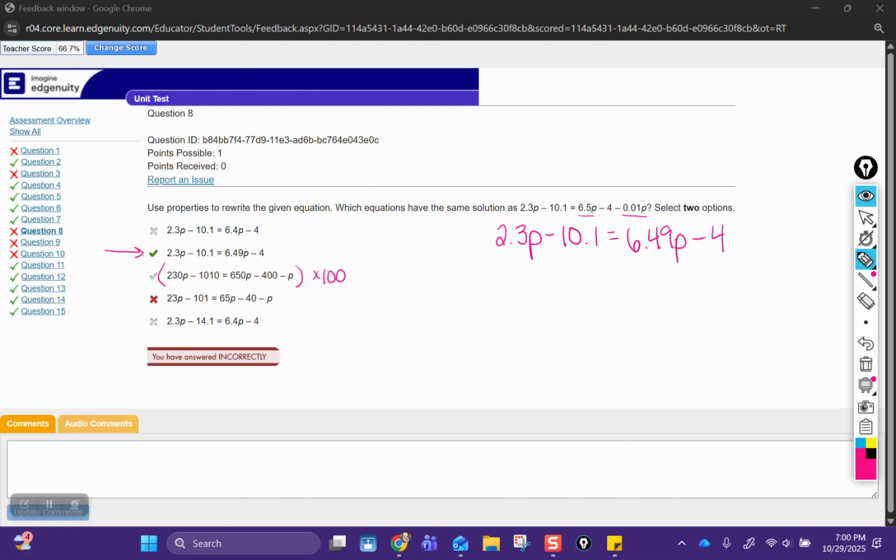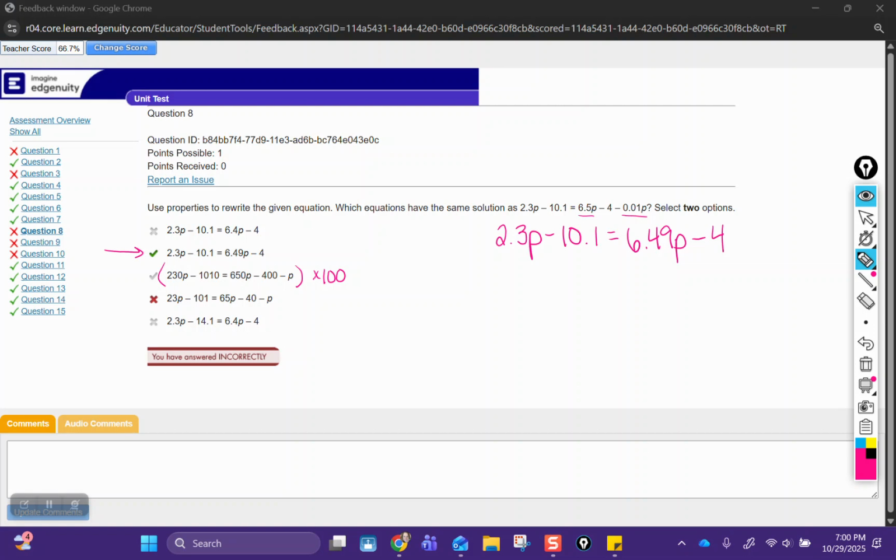And if you do that, you do get this third option here, this 230, that's 2.3 times 100. 1010 is 10.1 times 100. 650 is 6.5 times 100. 400 is 4 times 100. And then 0.01 times 100 does give you 1.